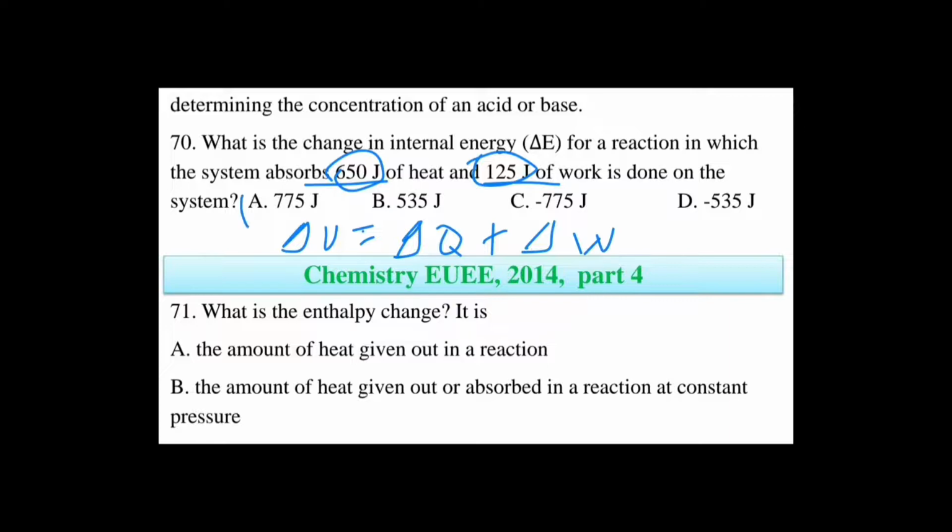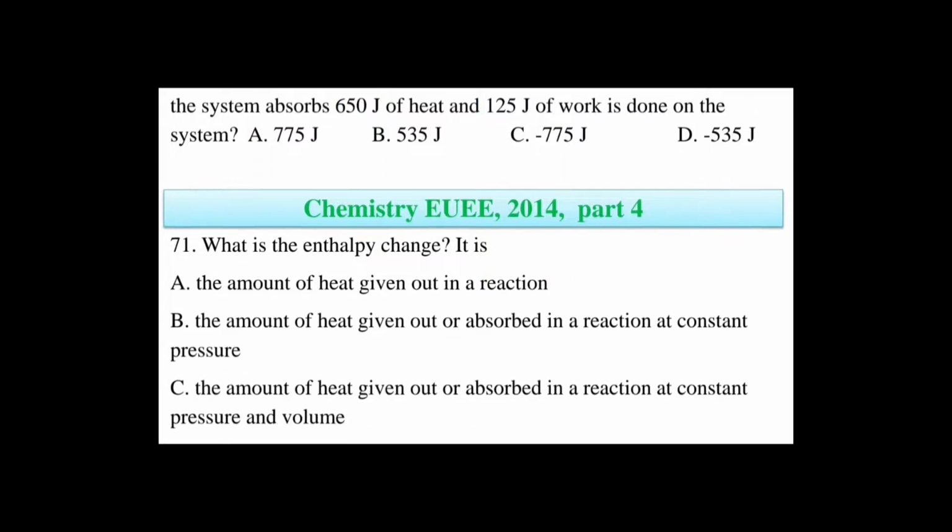The correct answer is A: 650 plus 125 is 775 joules.